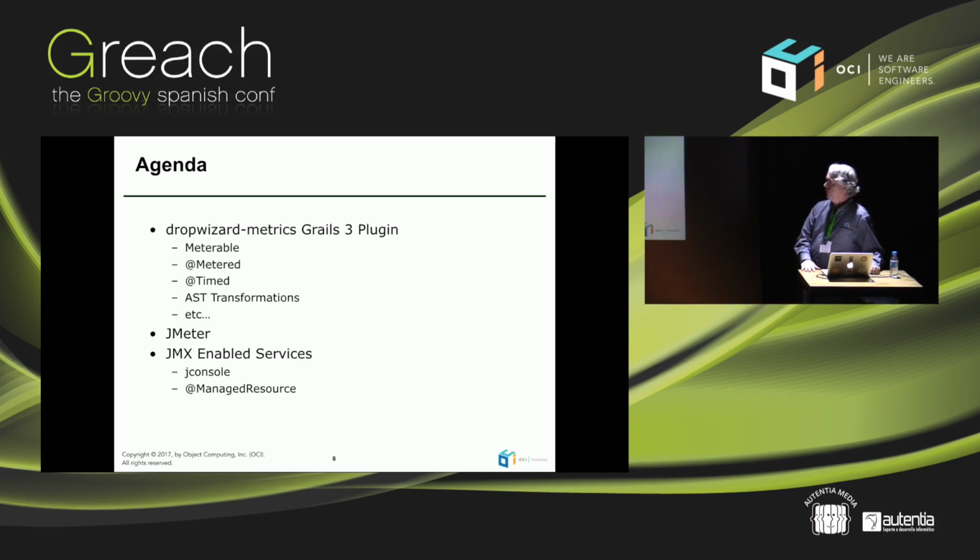The idea here is a couple of things. One, I wanted to introduce some capabilities that the Groovy language and the Grails framework conspire to offer, to make it really easy to do certain kinds of things. And we'll see how that relates when I get into the examples that I want to demonstrate.